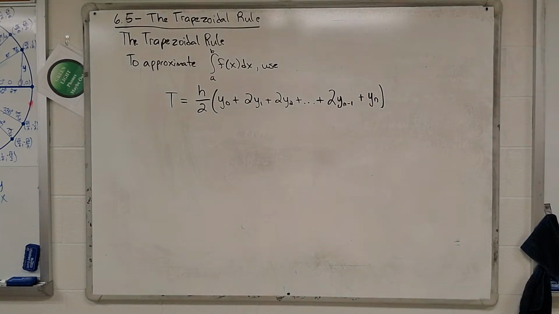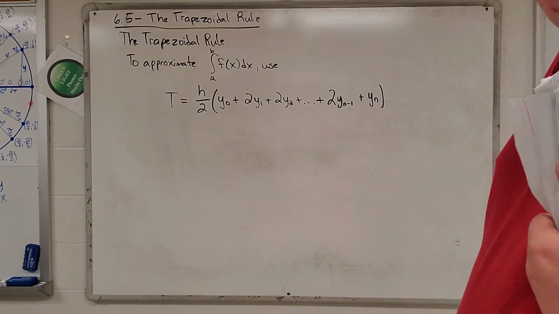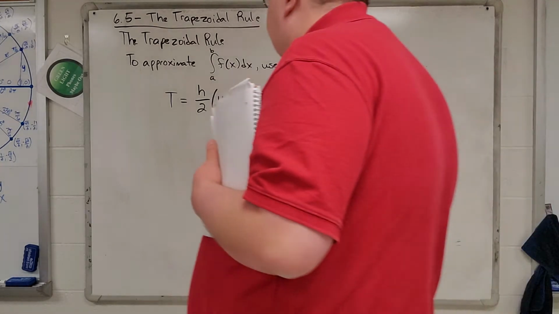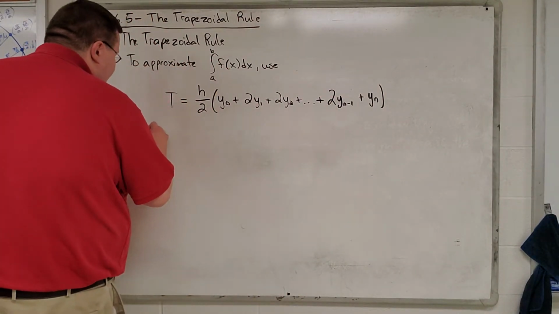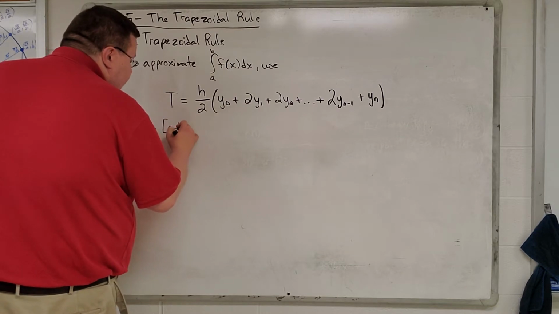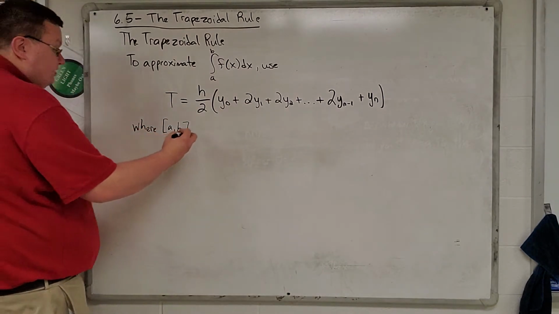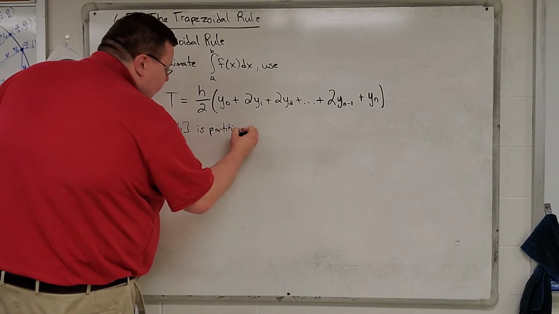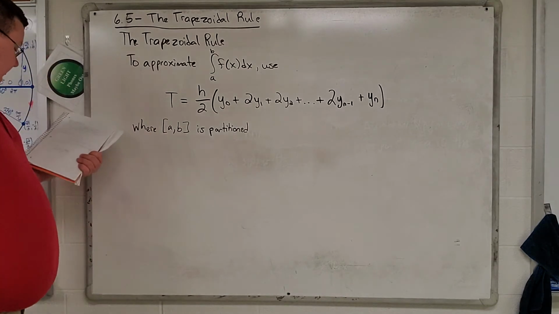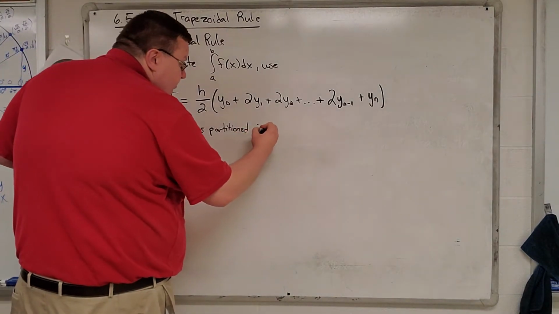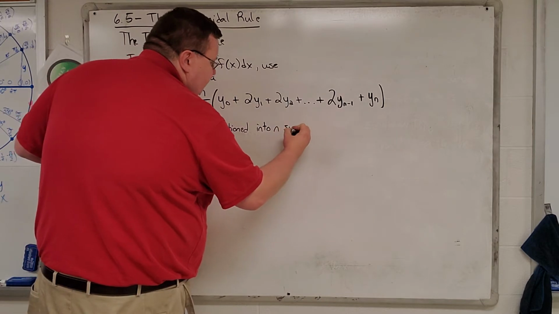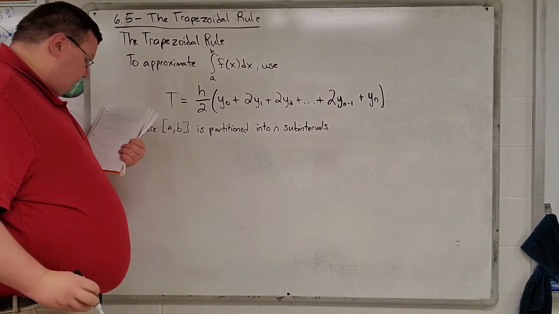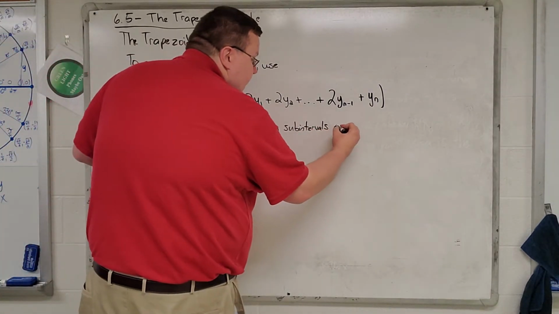Okay, and I'll explain what that means here in just a moment so that you can understand. This is where the interval from a to b is partitioned. Partition just means that we've divided it up into smaller subintervals. Partitioned into n subintervals of equal length.